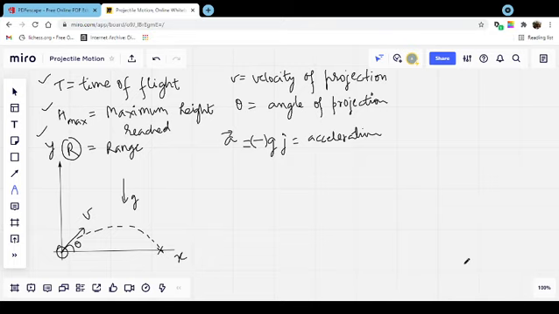Okay. So now what we are supposed to learn here, these are the variables, and they're just some names which are important to us: what is time of flight, what is maximum height, what is range. What we are supposed to gain from this situation.